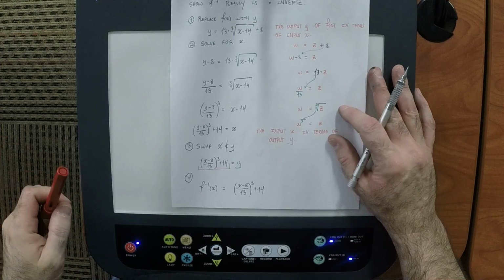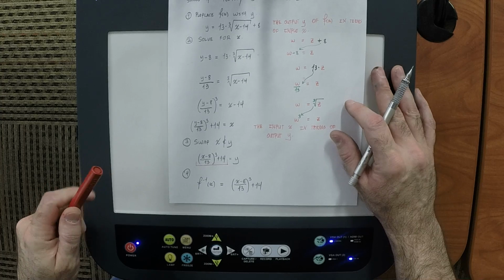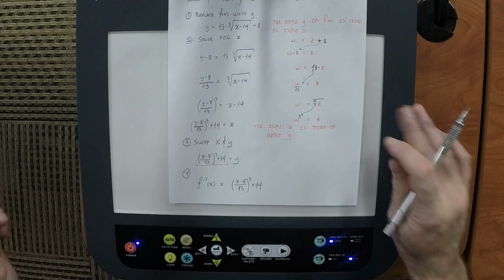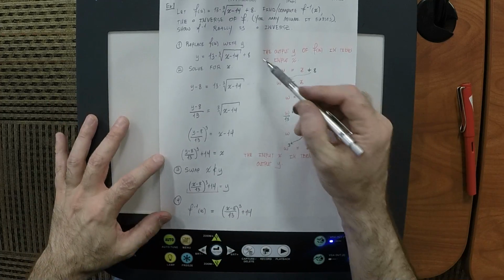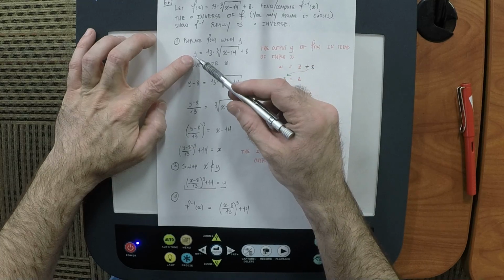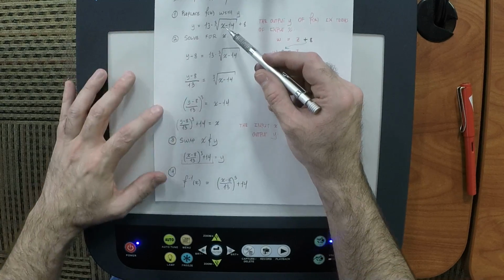Yes? In the beginning, you replace the x with y, and then in the end, you swap it. Why do you isolate x?